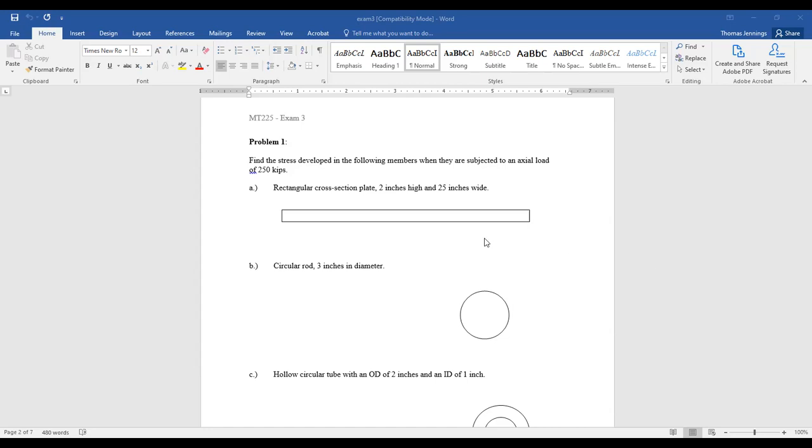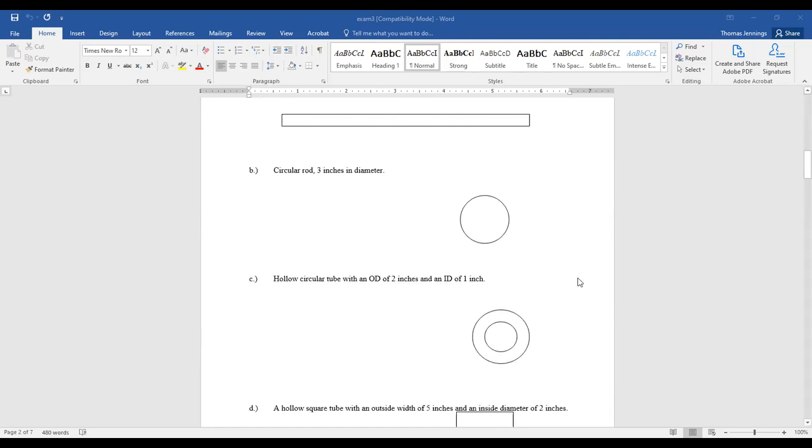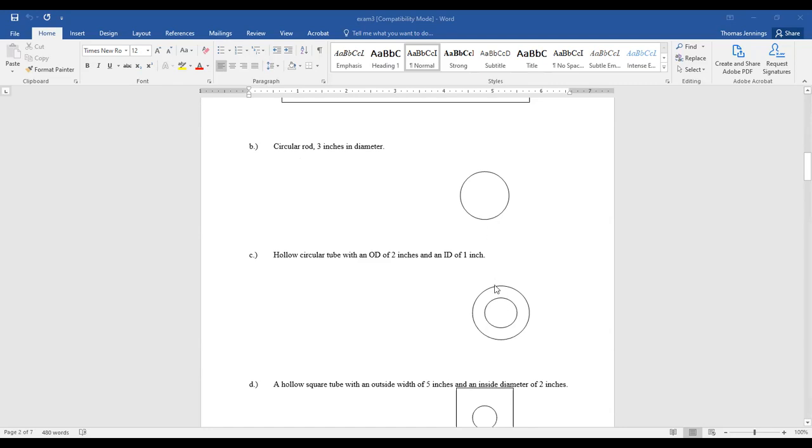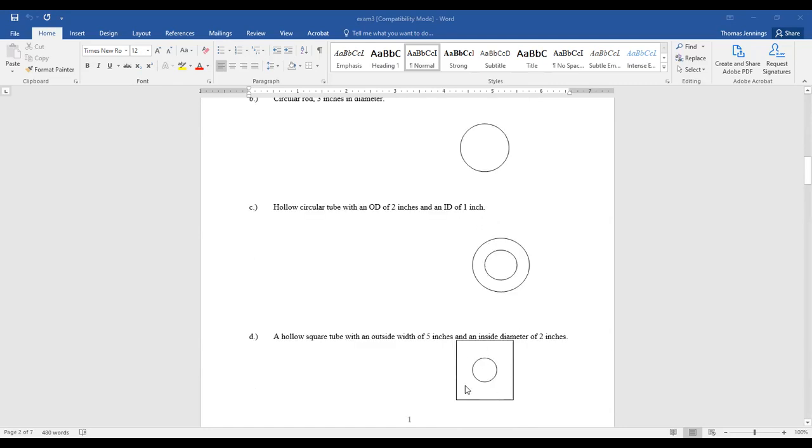Now, to avoid making a mistake here, we want to make sure that it's clear that you're looking at the cross section. Just like in the later problems here, you've got circles and hollow tubes, and you've got a circle removed from a square tube. That is the cross section. So we are essentially applying our force into and out of the page.